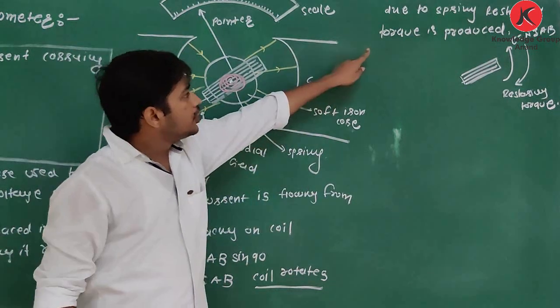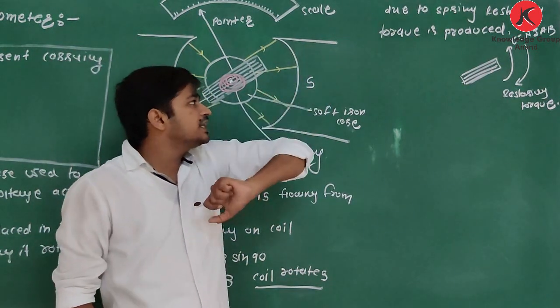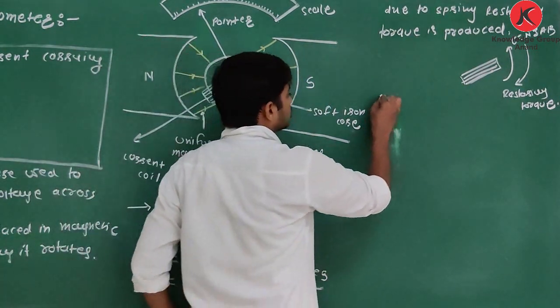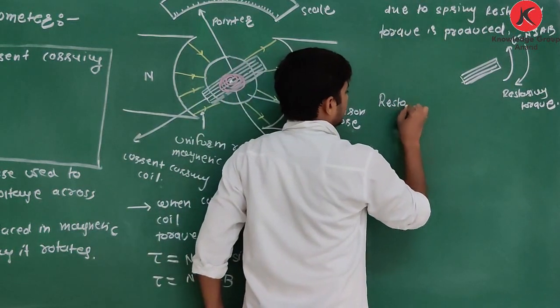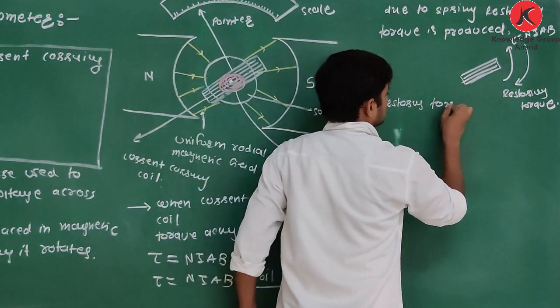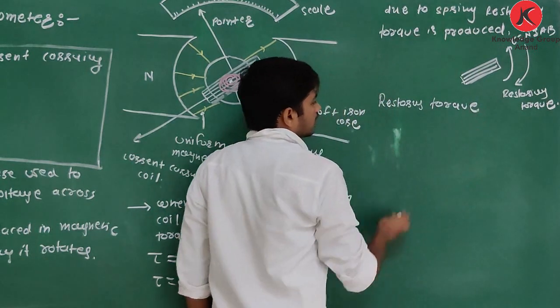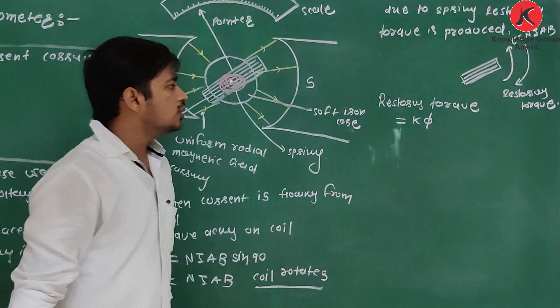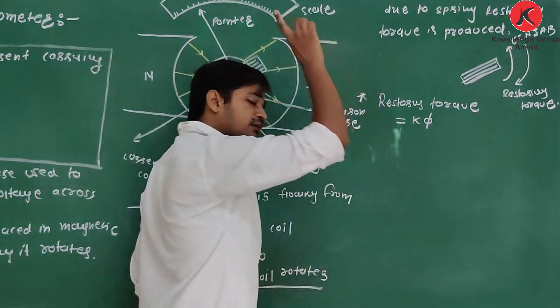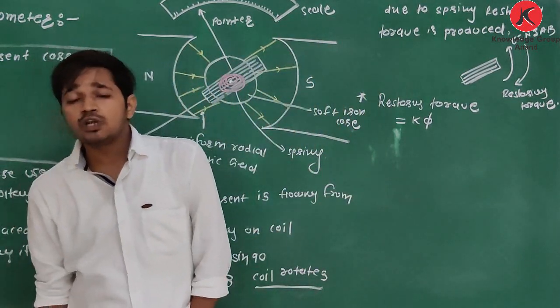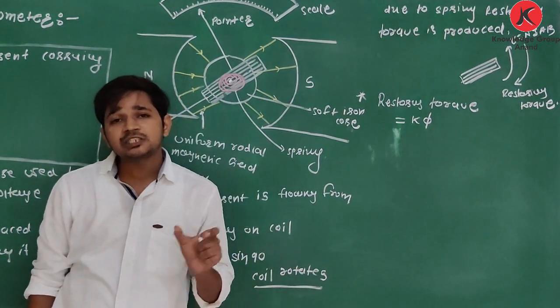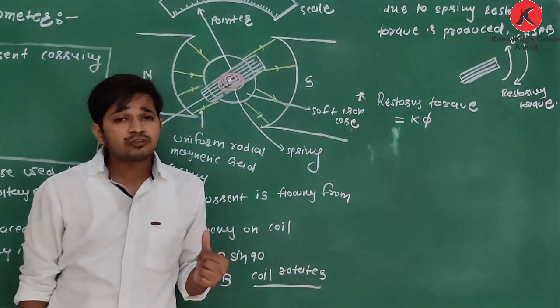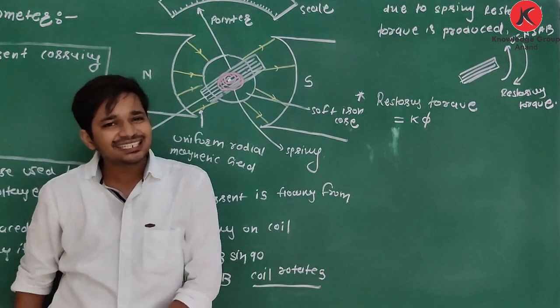So due to the spring, restoring torque is produced. What is restoring torque? Restoring torque is equal to K phi. Remember, restoring force F is equal to Kx, x being linear displacement. Restoring torque tau is equal to K phi, phi being angular displacement.